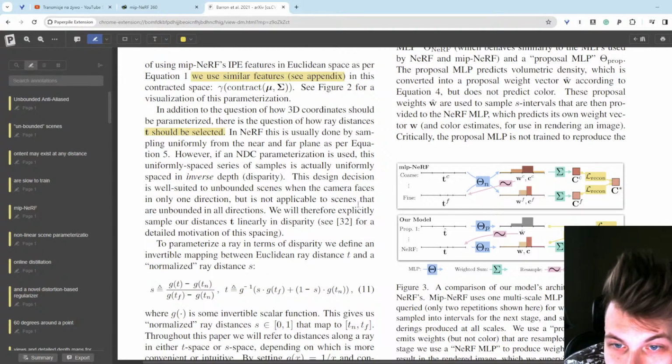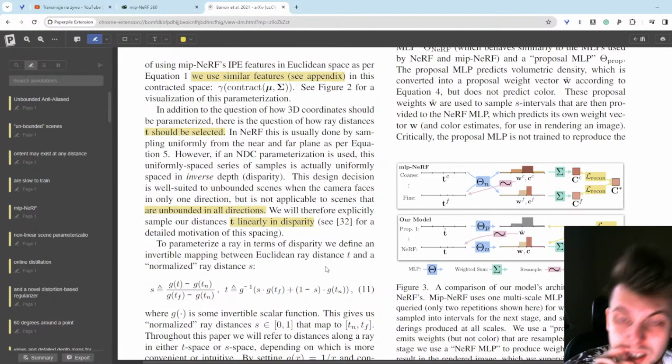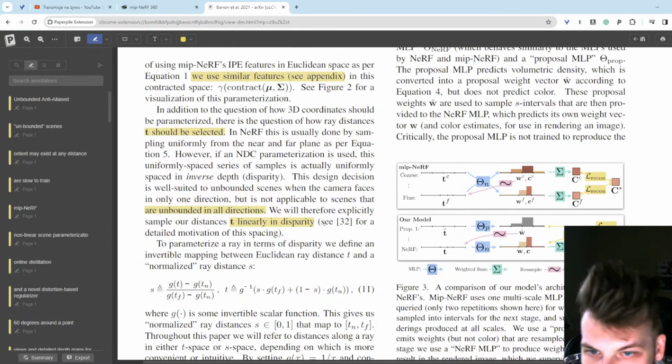It's not applicable to scenes that are unbounded in all directions. Exactly. We will therefore explicitly sample our distances t linearly in disparity. So they will sample linearly in 1 over x or 1 over z or whatever the coordinate is, instead of sampling it in t. So usually we sample from tn to tf, and now we will sample from 1 over tn to 1 over tf.